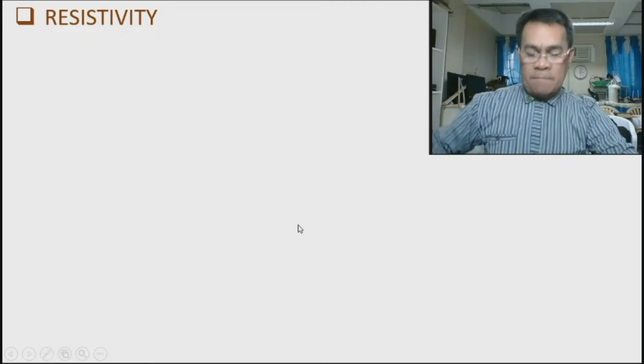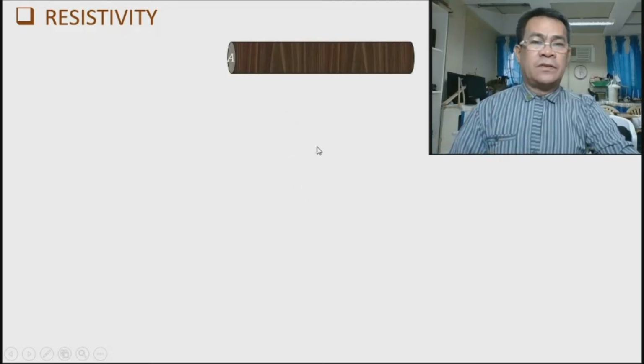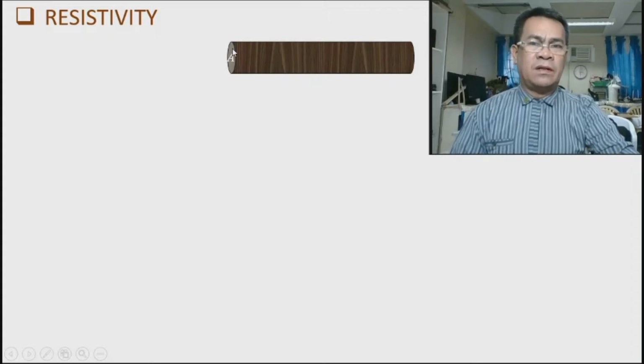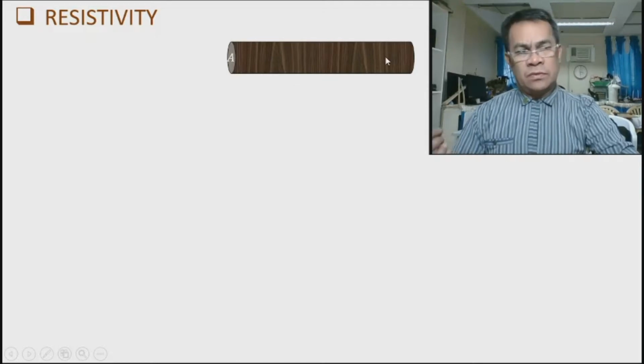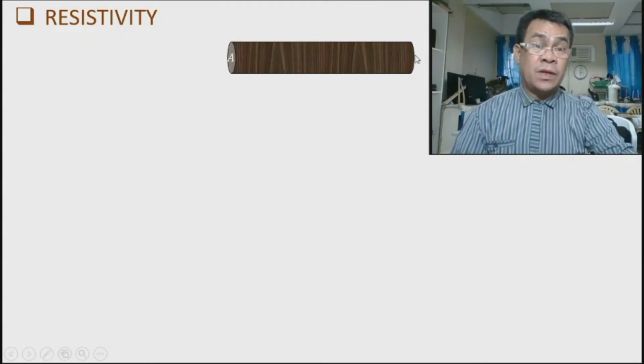Now, resistivity. If we consider a conductor, imagine this is a conductor with a cross-sectional area of A. Take note that we use the conductor in order to transport the electrons. So we will provide a potential difference on this wire.